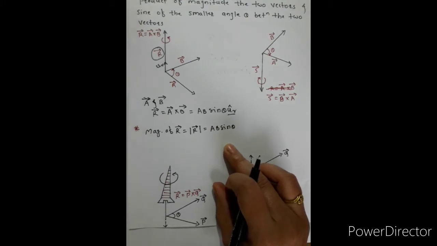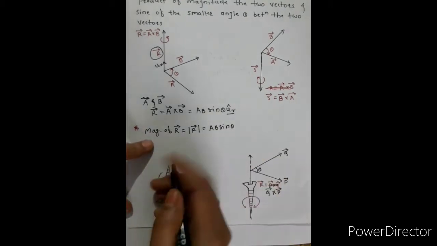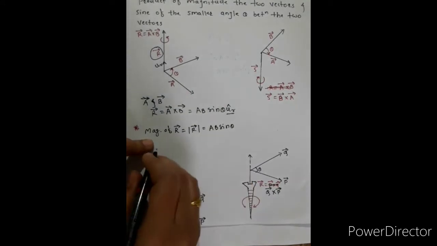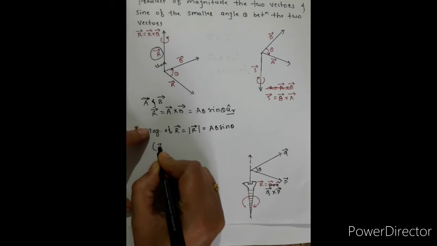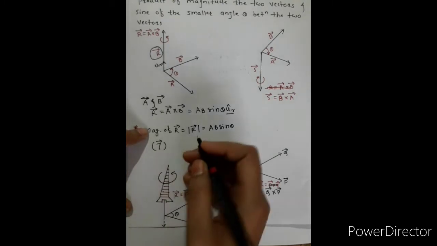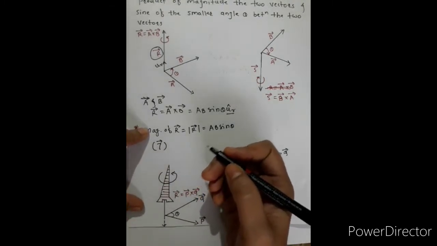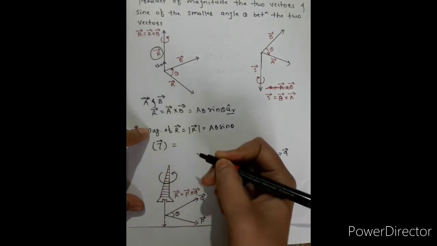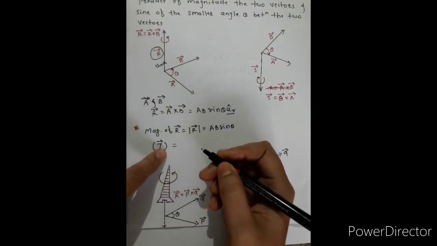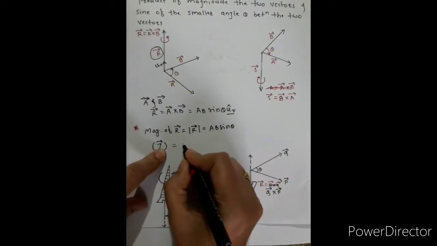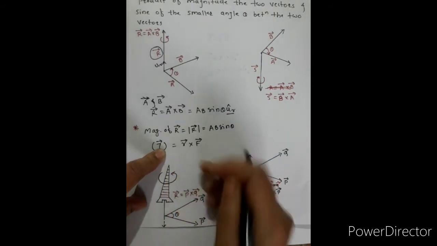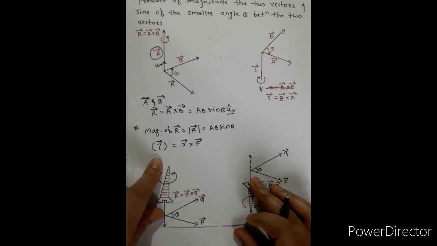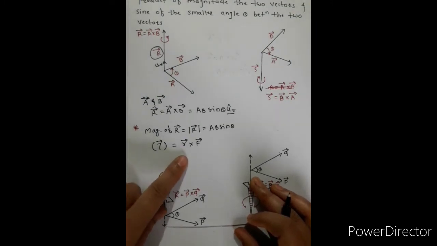The examples of the vector product are moment of force, denoted by tau. Vector tau is the vector product of the position vector R and the force F, tau is equal to vector R cross vector F.